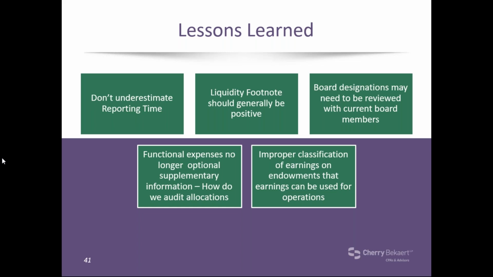For example, you may have been allocating some salaries 20% to program, 80% to management in general. Well, when you look at what those individuals are doing, maybe they're doing more programmatic work, and maybe the allocation needs to be a little bit different.